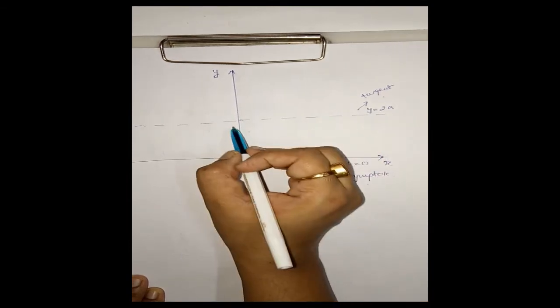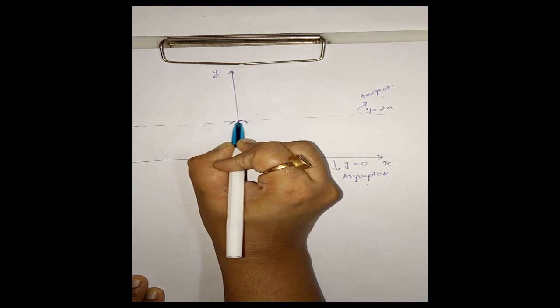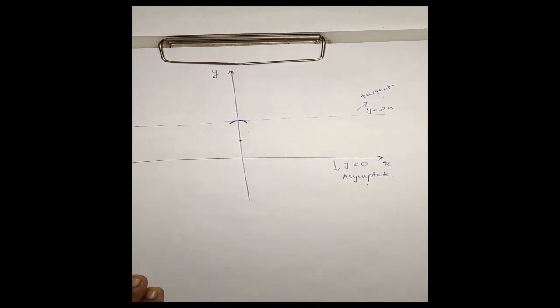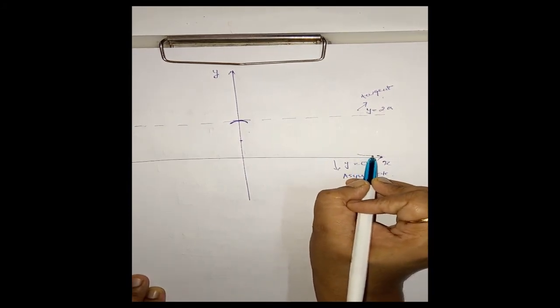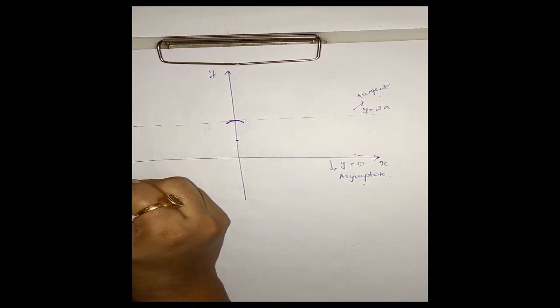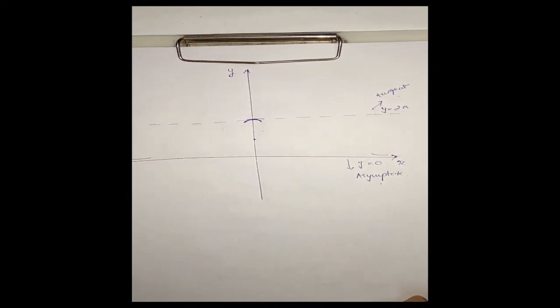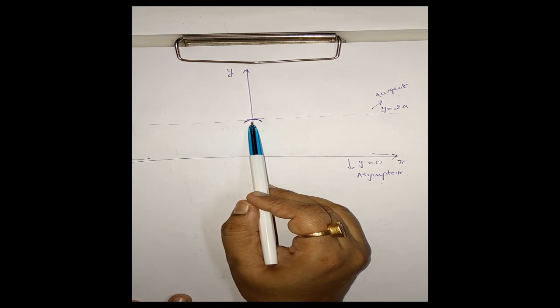This is my tangent, this is my asymptote. Now this is a tangent, that means the curve will be of this form, so that the line y is equal to 2a is a tangent and the x-axis is the asymptote. That means here we should have the curve of this form, so that the x-axis becomes an asymptote, and this is my maximum value 2a.